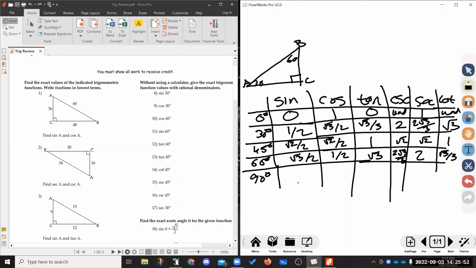Okay, and now for 90 degrees, the sine is 1, the cosine is 0, the tangent is undefined, cosecant is the reciprocal of sine, reciprocal of 1 is 1, reciprocal of 0, undefined, cotangent is going to be cosine over sine, that's going to be 0. So these are going to be important.